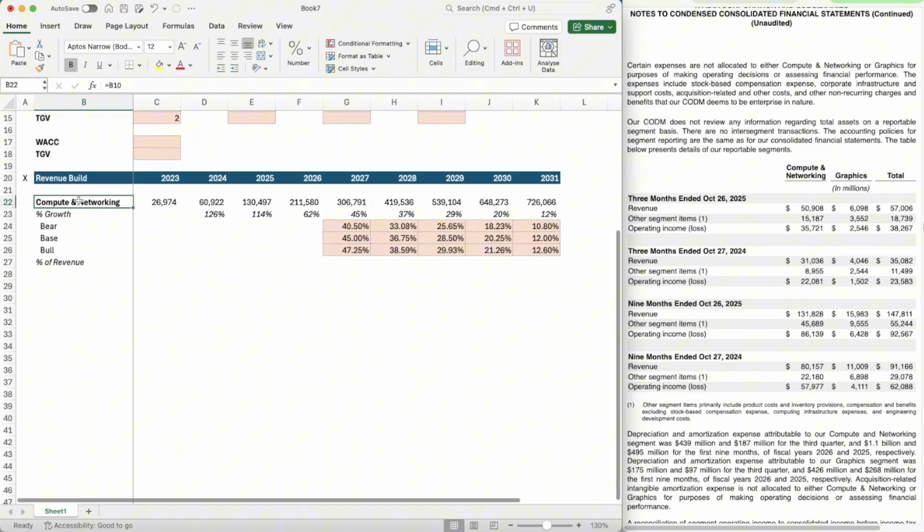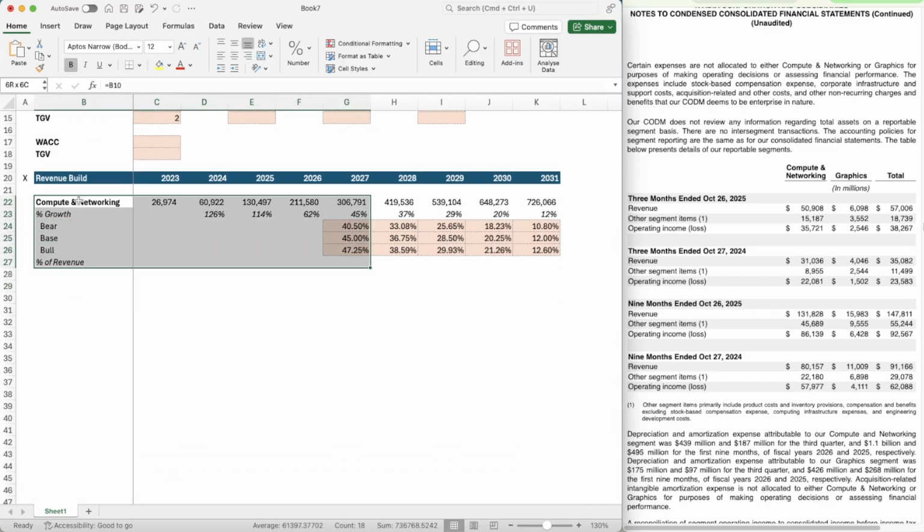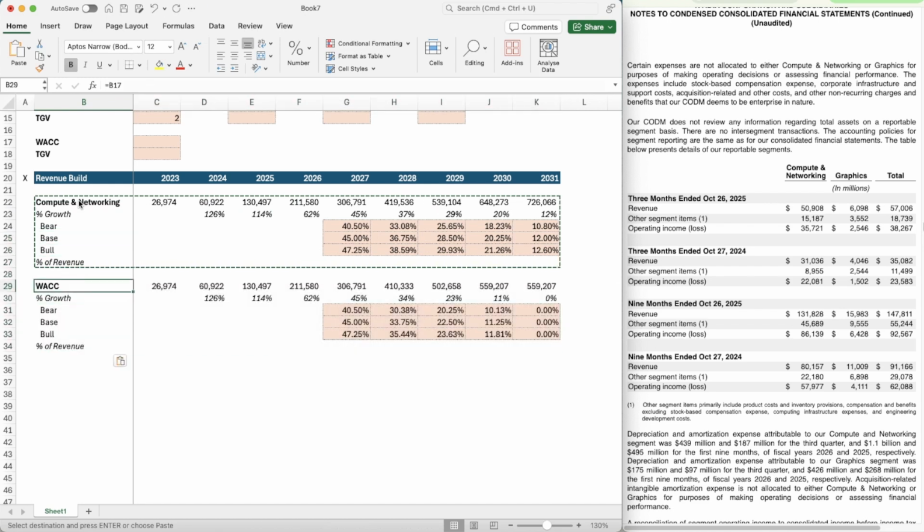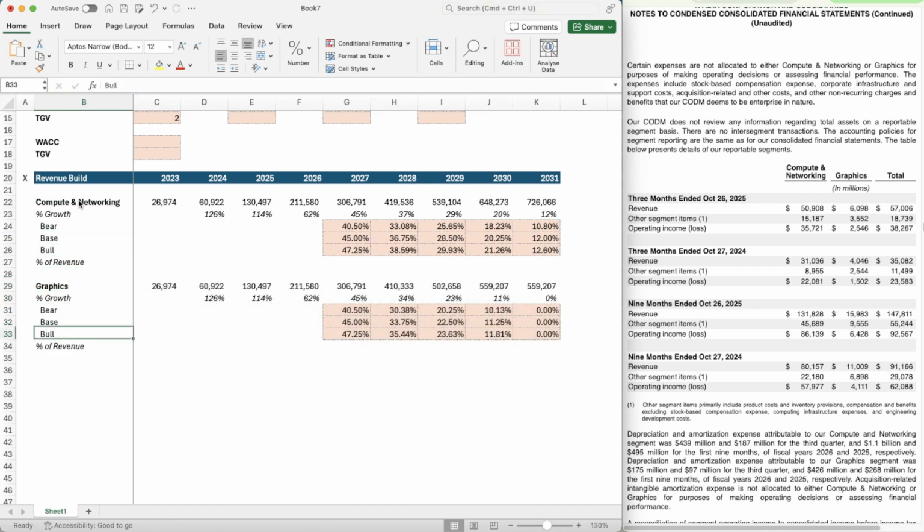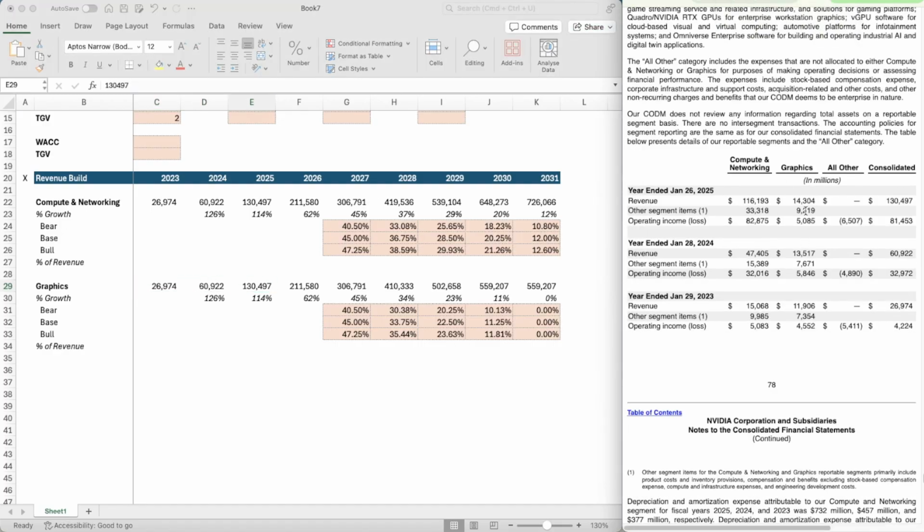Now we're going to go into the second revenue segment, which is the graphics. Put this equal to B11. Come back here.